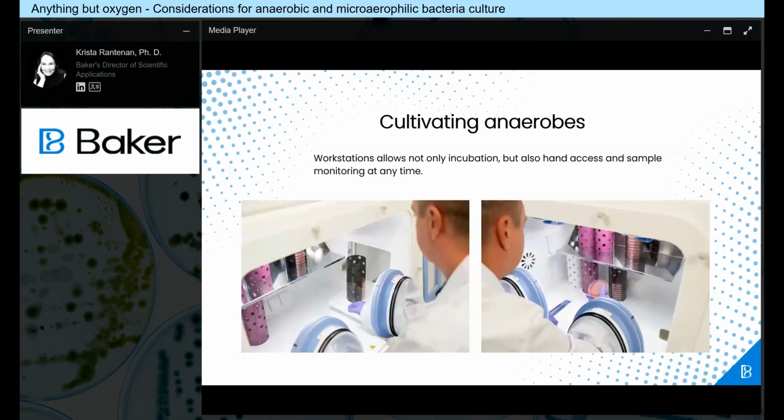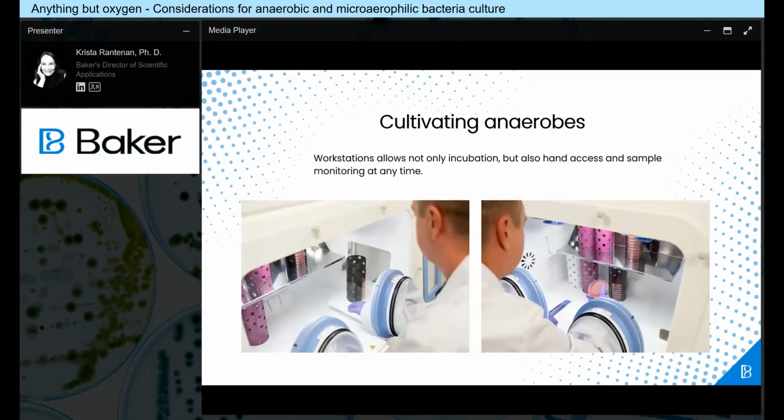Only the samples are transferred inside the workstation, and then they are in the optimal conditions. Depending on the workstation model, you have much more space inside the workstation compared to the anaerobic jars. There is also the possibility to place some small instrumentation inside your controlled environment, and then you don't need to take the samples in and out.